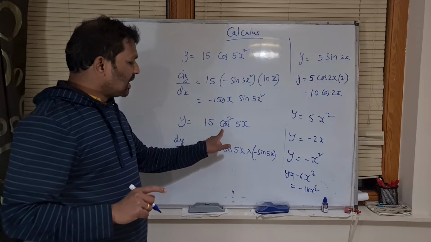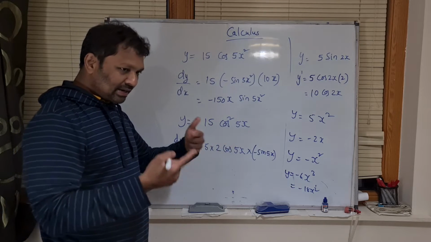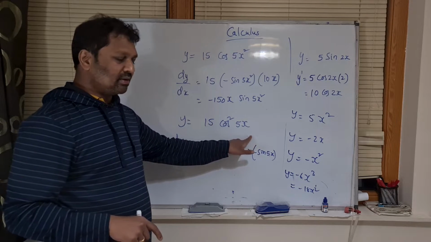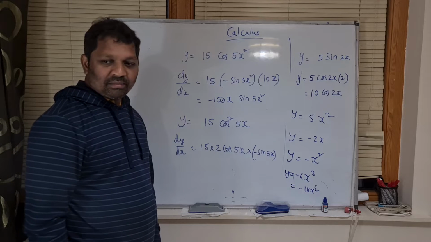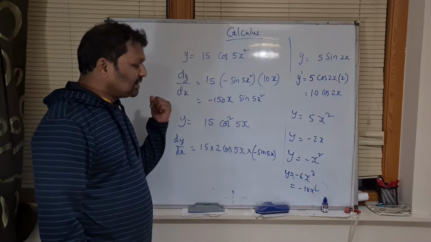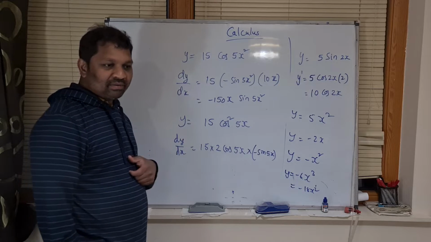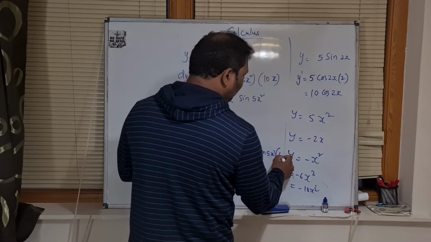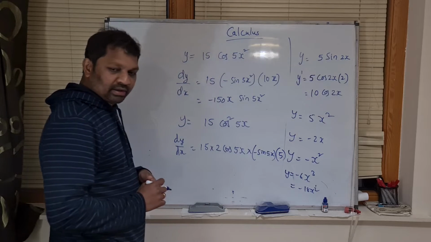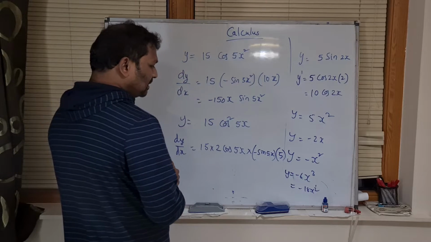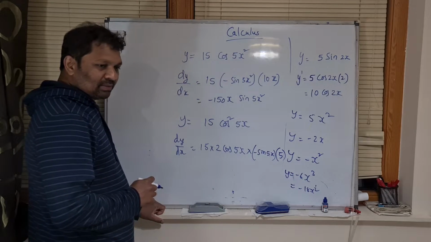Cos 5x, and then the next inner function is cos 5x, whose differentiation is minus sine 5x. And then one more inner function is there, 5x. When you differentiate it, you will get 5. Okay, so now how can we simplify here? What are the constants that get multiplied?